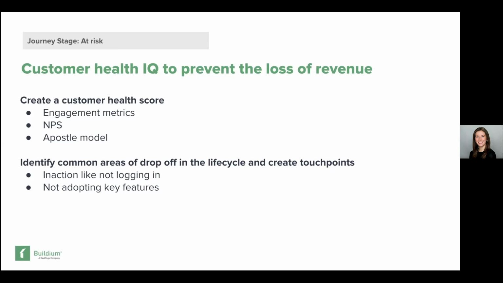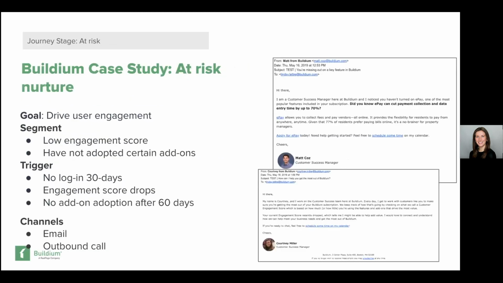So where are they in action, like they're not logging in or they're not adopting key features. An example of a campaign that we did around this we called our At-Risk Nurture. The goal was really to drive user engagement, but also reduce the churn, so prevent our customers from leaving us.